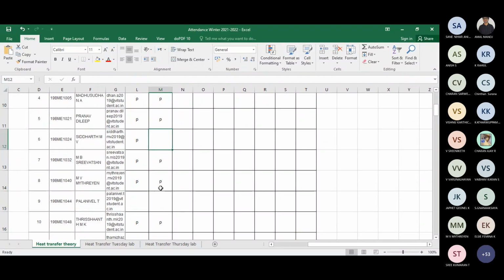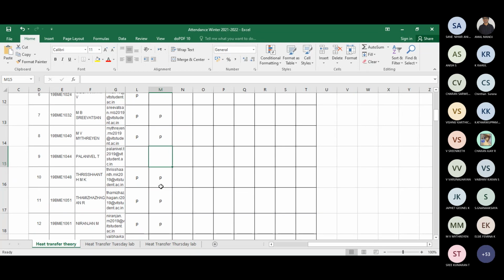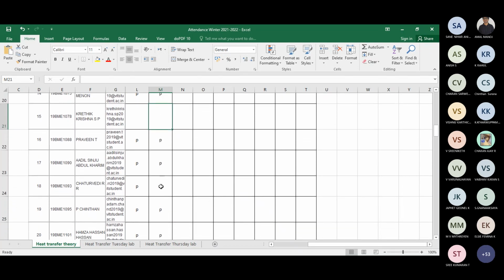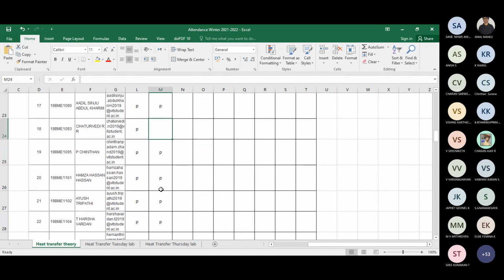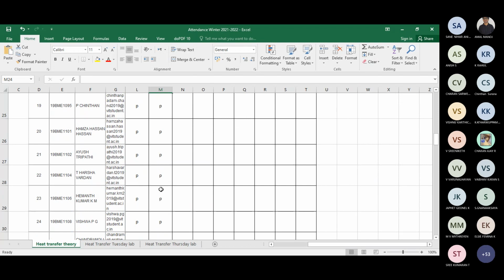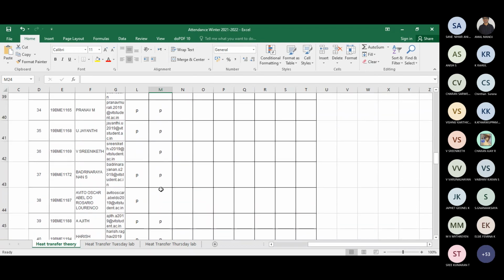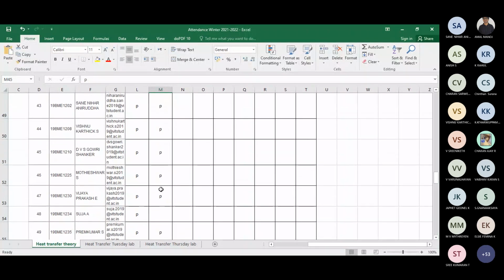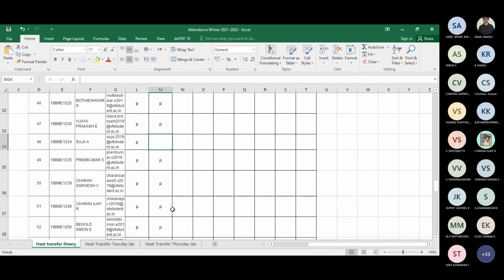I will call the absentees quickly. Siddharth, Palanivel, Kritik Krishna, Chaturvedi. Avito, present, sir. Sir, Suja sent in chat box, sir.